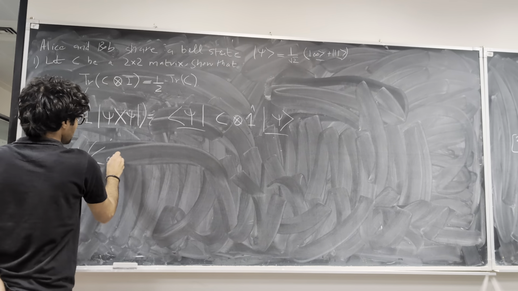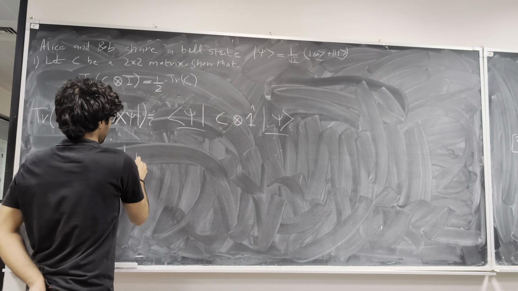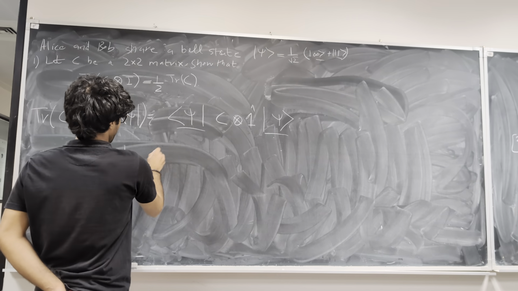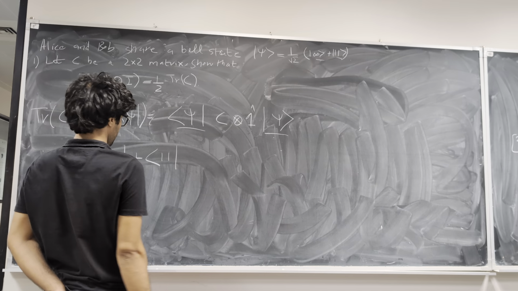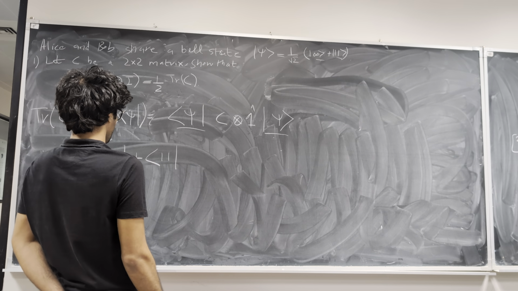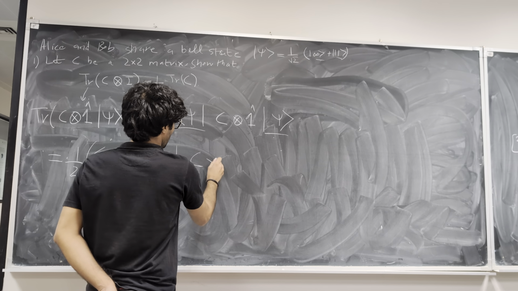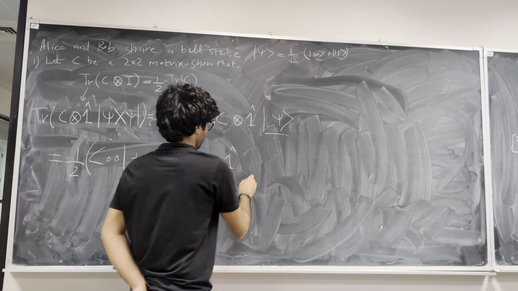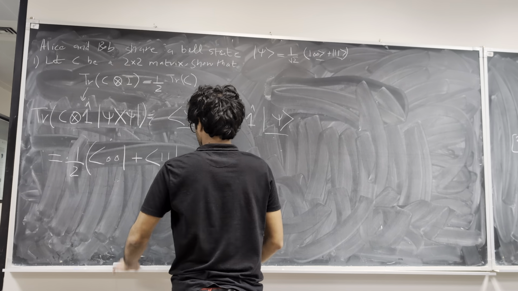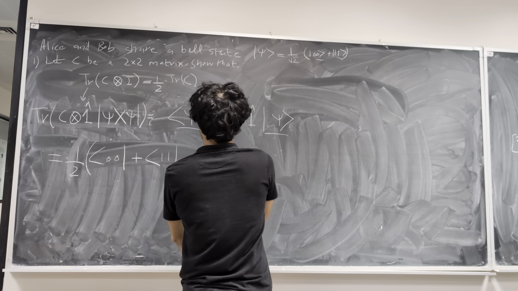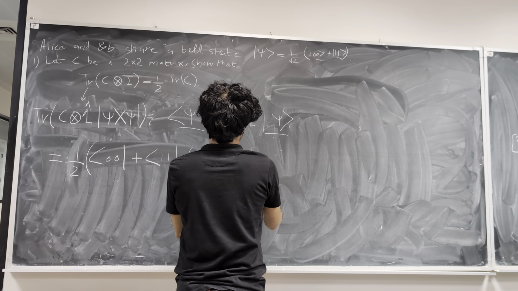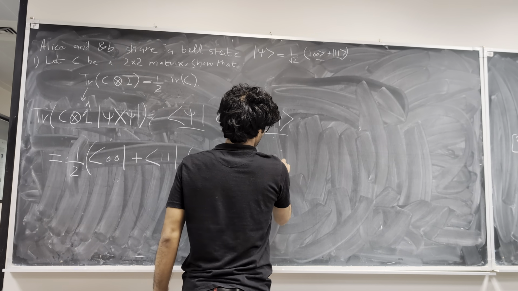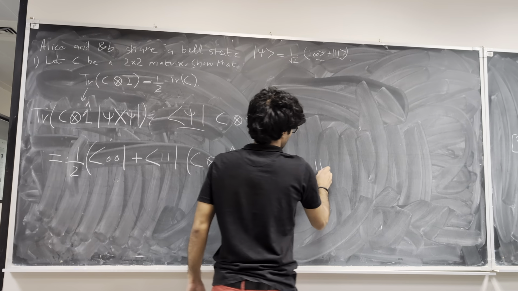I will have 0, 0 plus 1, 1, right? C cross identity plus this thing over here, and then 1, 0, 0 plus 1, 1.